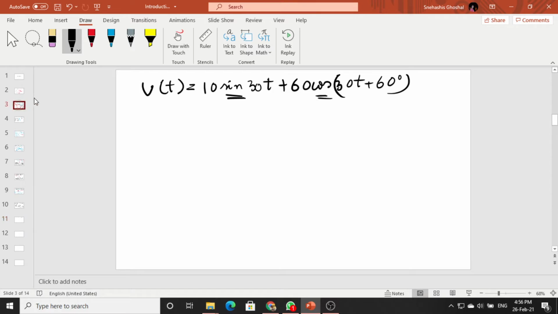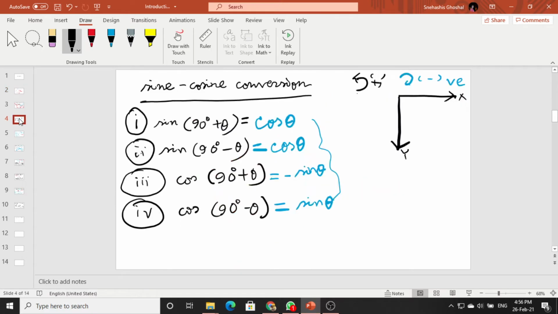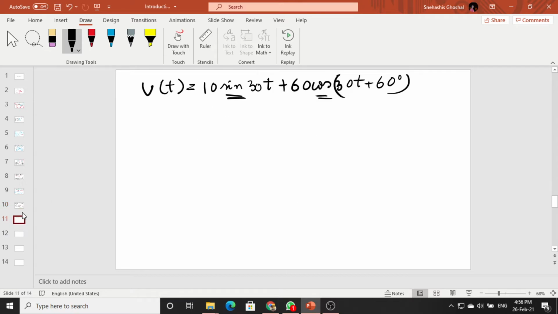In the earlier slide, I have given some formulas for converting sine to cos or vice versa. So whenever there is a mixture of sine and cos, you have to utilize that, and you can take any one as a reference. Either sine will be the reference or cos will be the reference. If cos is your reference, convert the sine to cos, then do your analysis, or vice versa.